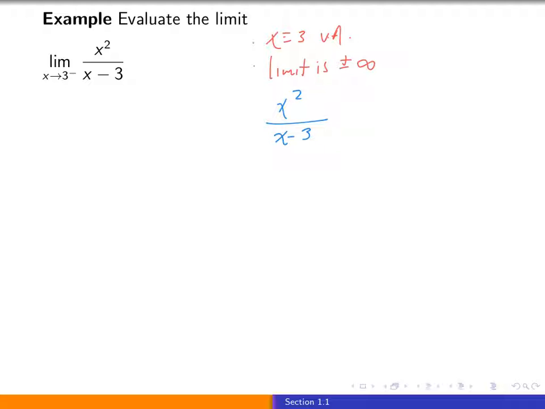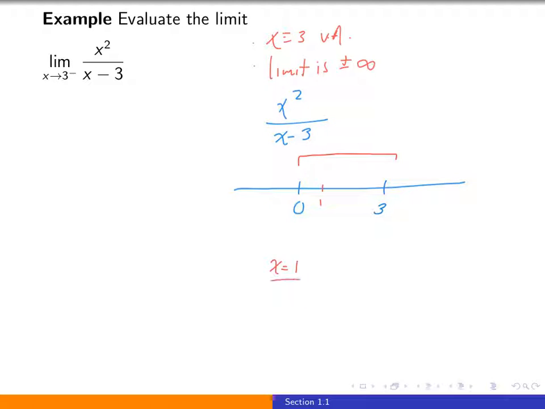X squared over x minus 3. The top is equal to 0 at 0. The bottom is equal to 0 only at x equals 3. We are interested in approaching 3 from the left, so we would like to know the sign of our function between 0 and 3. A good sample point to pick would be 1.